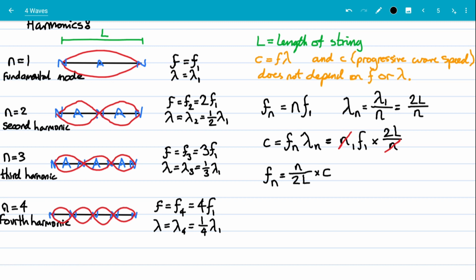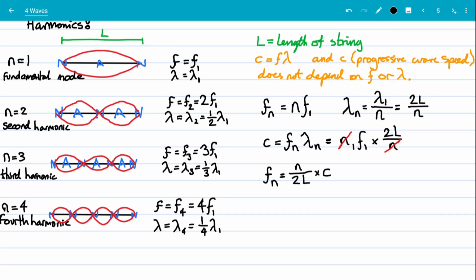That's the frequency of the nth harmonic: it is equal to the harmonic number divided by 2L, multiplied by the speed of the progressive wave that travels along that string.